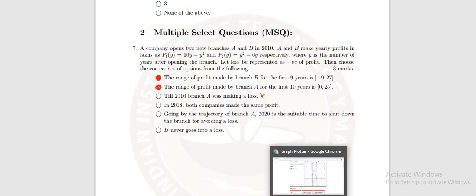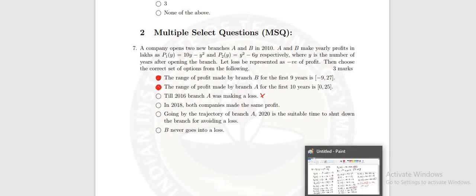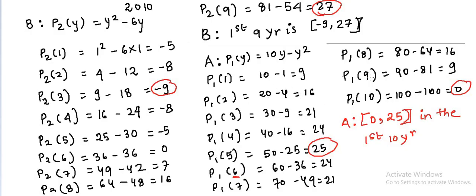It means you have to find the value of P1 8 and P2 8 and compare whether both results are equal or not. As we have already calculated, it will not create much problem for us. I have created P1 8 which is here and your P2 8 which is here.